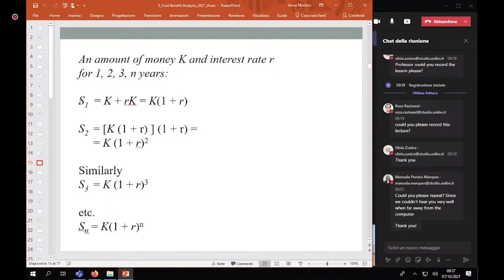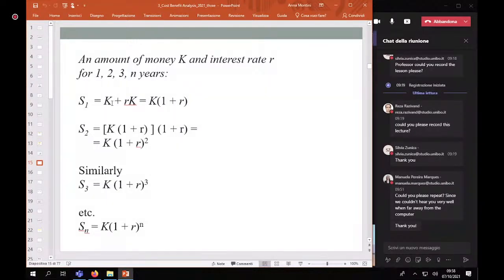If you want to calculate the amount of money that you will receive at the end of the year, you have your amount of money K plus R, the interest rate, times the amount of money. If you consider the common factor, K times 1 plus R.